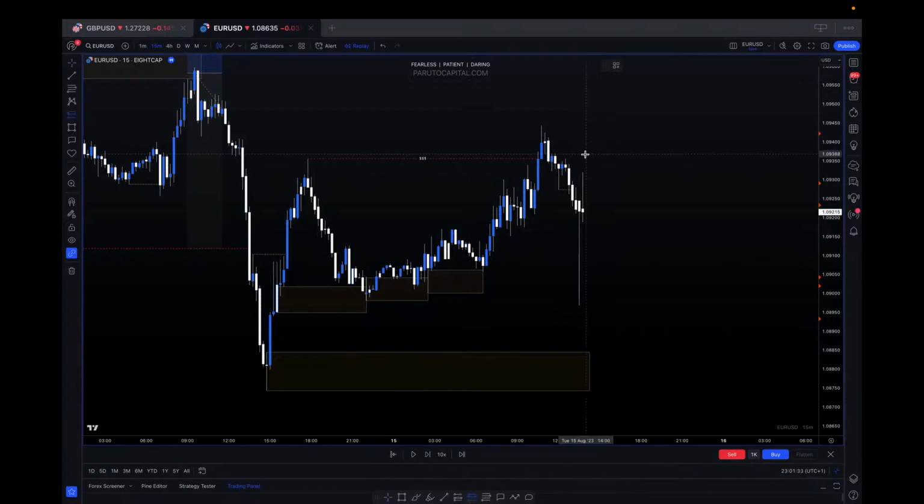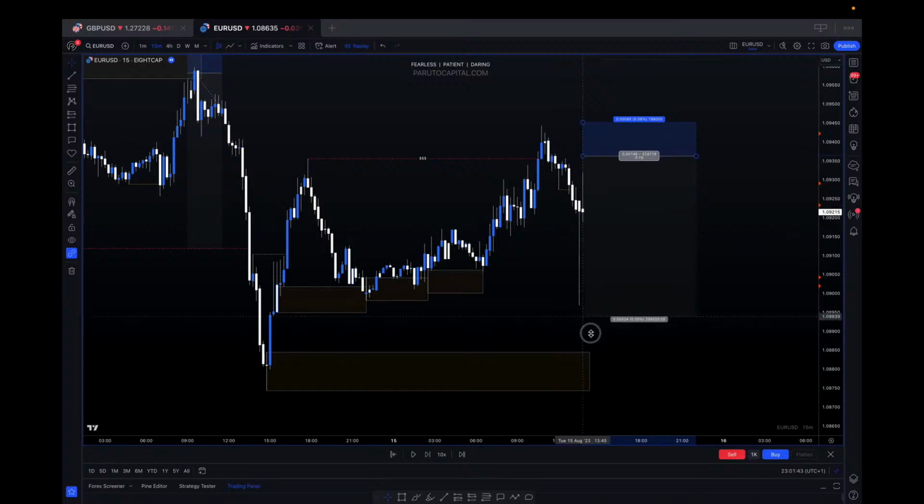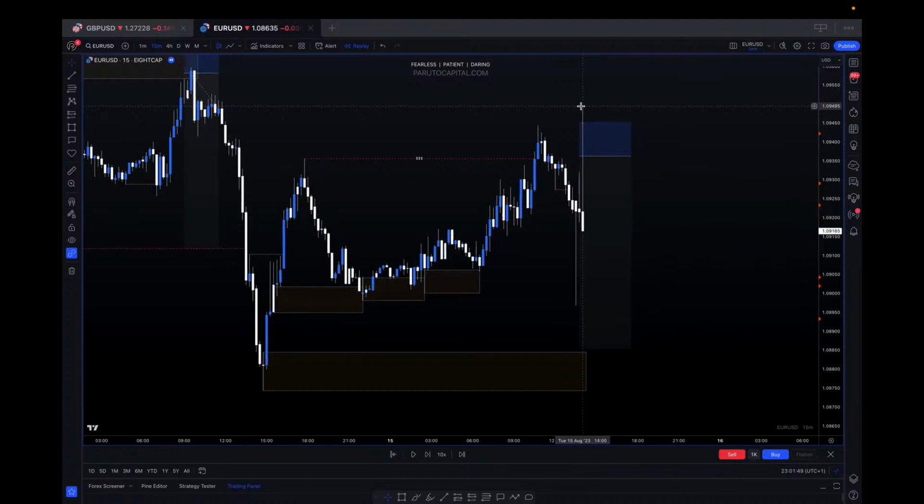So let's see if that works, if we get an entry. Okay, so let's make this 9 pips, 9 pips thereabout. Okay, then let's tap just above this area, so that'll be 1 to 5. So let's see if at all we get something.